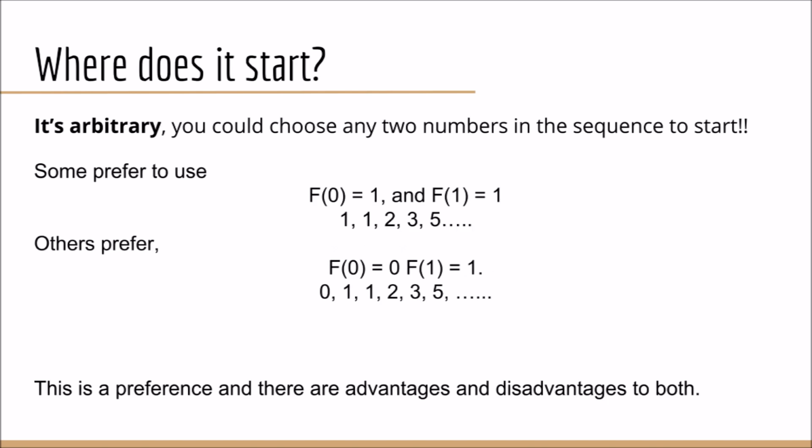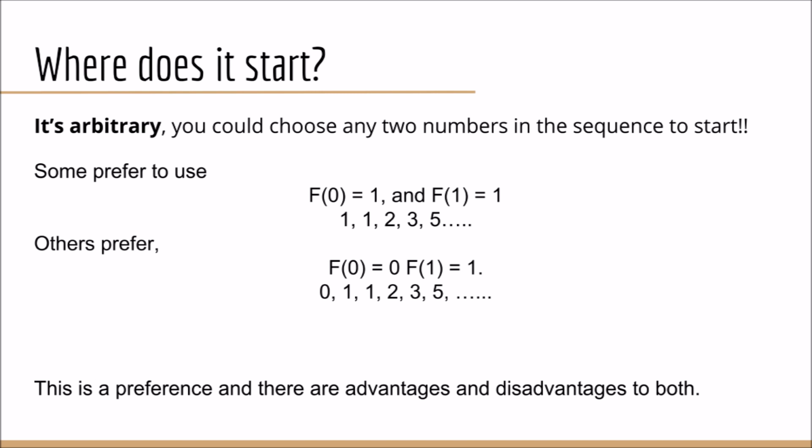There is confusion on what number the sequence starts at, whether it starts at 0 or 1. The truth is, you can start at any arbitrary number that suits your needs. There's really no right answer to this, and instead, the different starts are considered different styles.